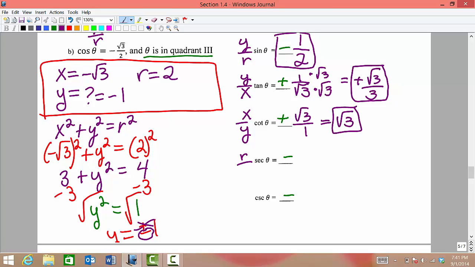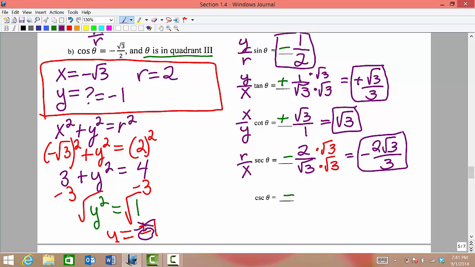Secant is r divided by x. R is 2. X was negative square root of 3, but we already have the sign there, so we just need the number. And we need to rationalize, multiply top and bottom by the square root of 3, and we get negative 2 square root of 3 all over 3.